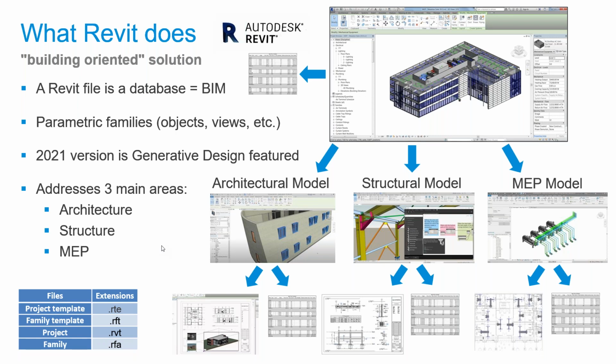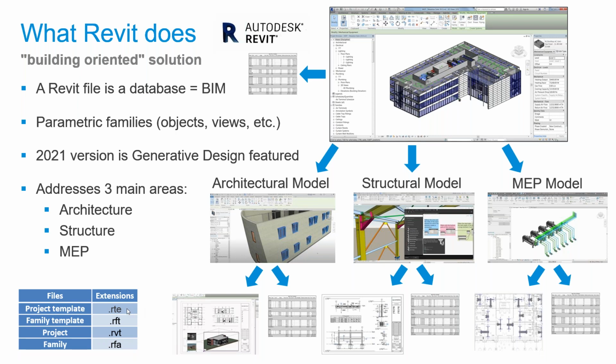So usually we work with links as opposed to Xrefs in AutoCAD or AutoCAD Plant. And here you will aggregate different links, Revit files. The extension is .rvt, and you also have families, which are a bit like the blocks in AutoCAD, and the format is .rfa, and the templates for these families are .rft, and for project templates that you want to reuse, it will be .rte.